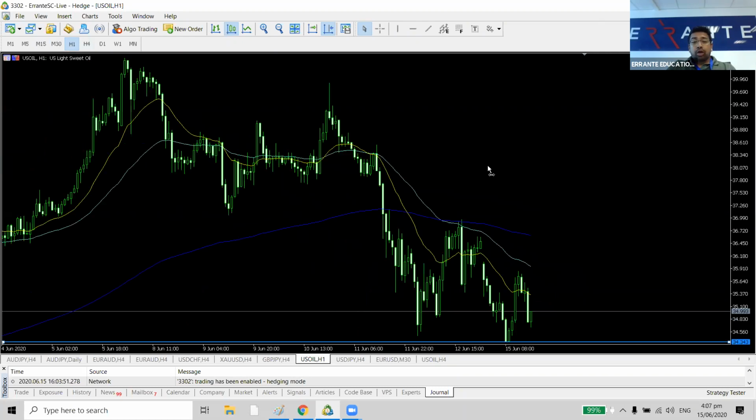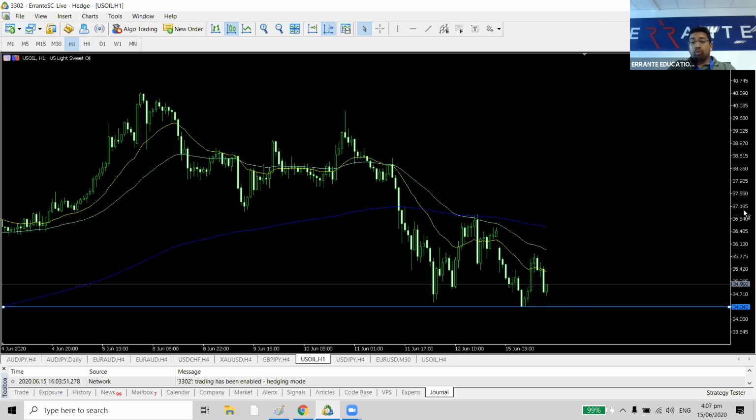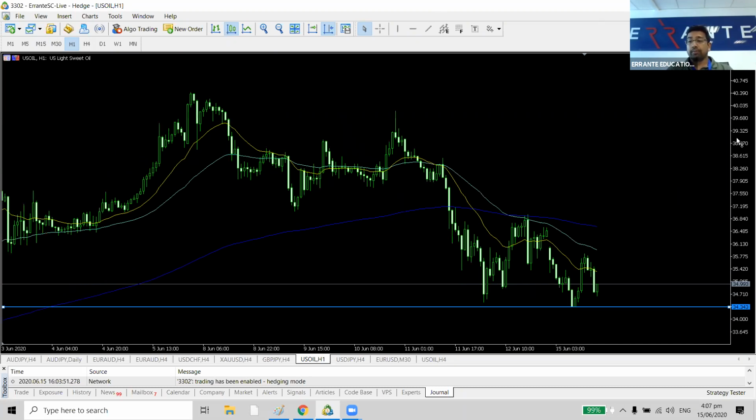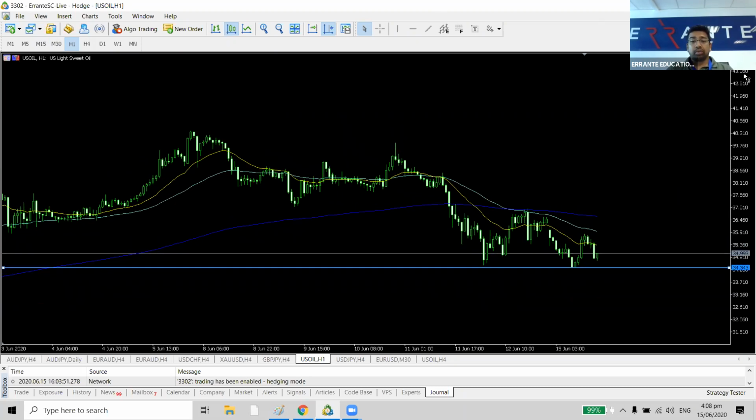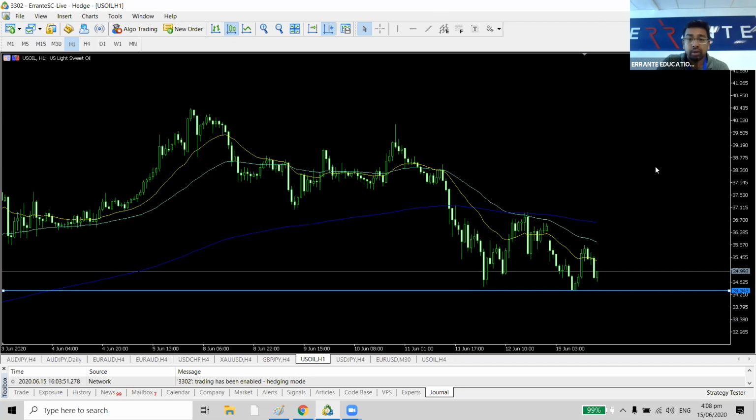On the 1 hour chart, it looks like you have more chance to see a bit more clarity. But when I talk about clarity, it doesn't look very clear, because it's a little bit difficult at the moment to see the trend. Of course, today is Monday, things are still marinating.